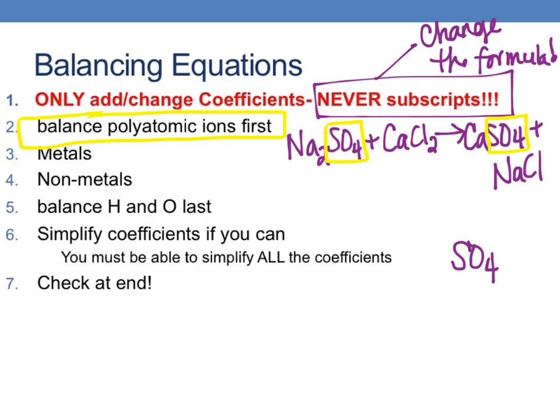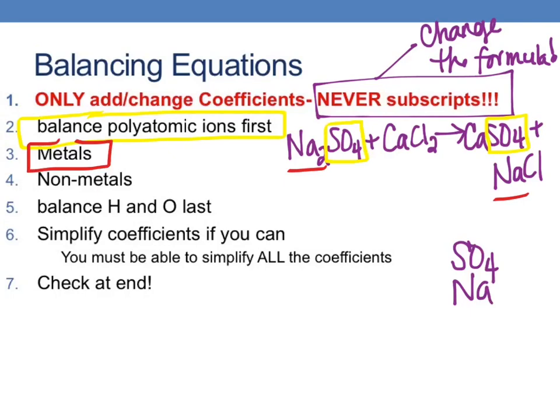And then my next thing is I go and I find my metals. So my metals, I'm going to list my metals. And what metals do we see? We see Na, so I'm going to list Na. And what else do we see, metal-wise? Ca.